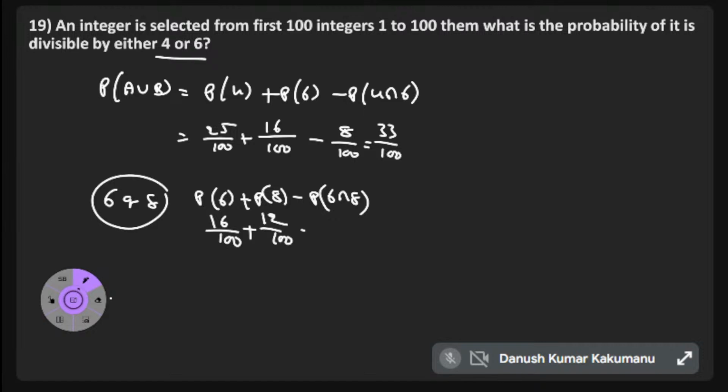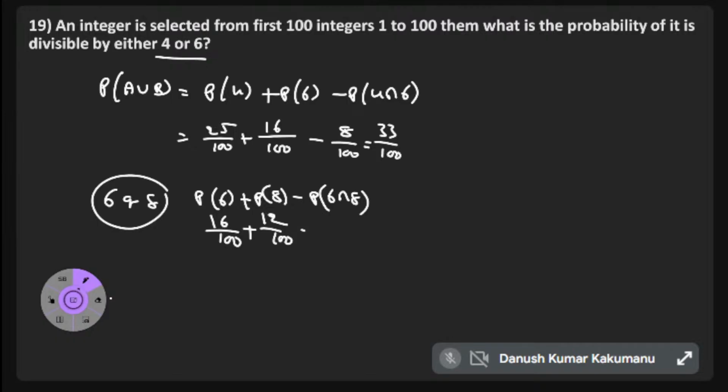Both 6 and 8: LCM of 6 and 8. What is the LCM of 6 and 8? 24 or 48? 24. How many from 1 to 100 are divisible by 24? 4 only. Yes or no? 4.